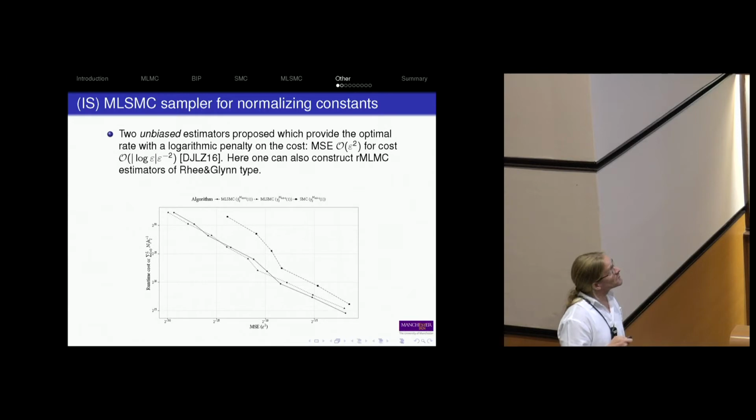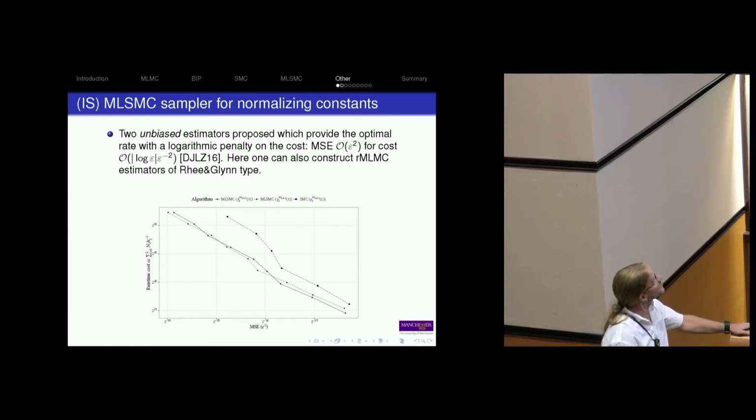And here it's quite natural to do the RMLMC, the randomized multi-level Monte Carlo estimators of Rhee and Glynn type. And so these are those two.